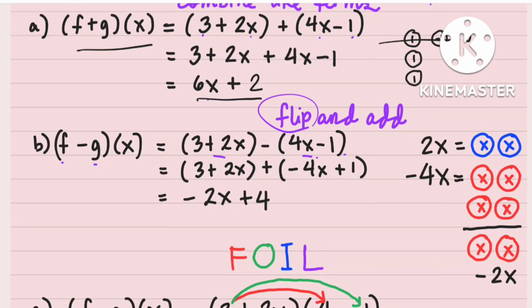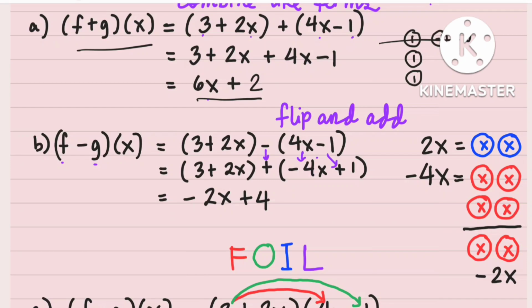And then, after we flip it, we will proceed to addition. So what do we mean by flipping? It means the terms of our subtrahend will have to be reversed. So 4x will become negative 4x, while negative 1 will become positive 1.